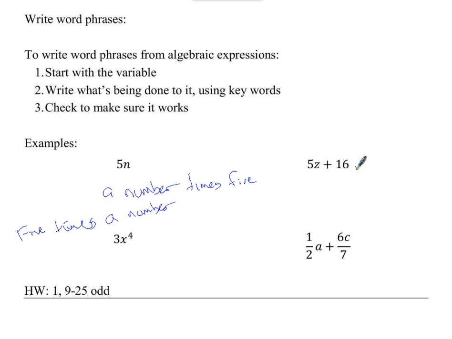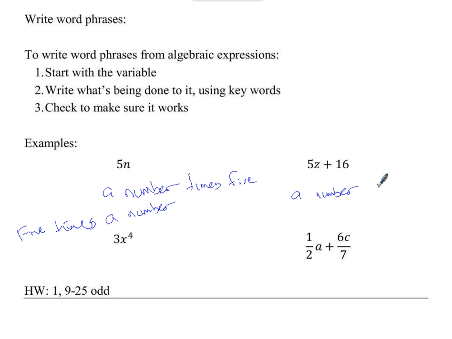Okay, we have, what does this say? 5z plus 16. All right, we know what it says. Now let's make it say the same thing using keywords. Where do we start? Start with the variable, so I'm going to write down a number.